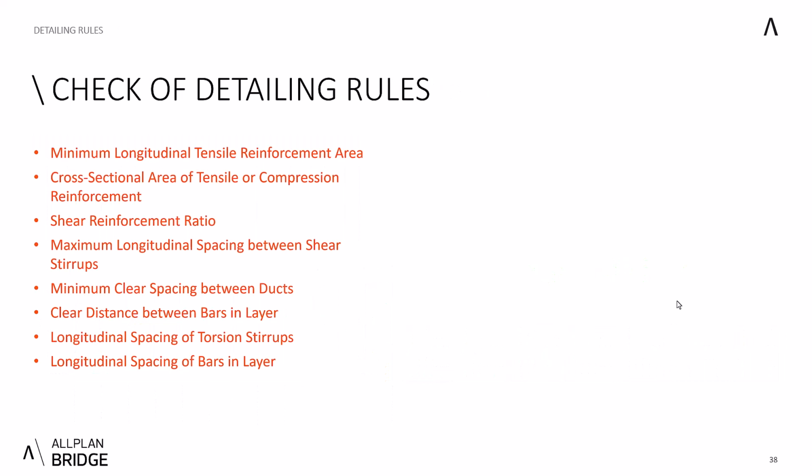Having all ultimate and serviceability checks successful, we can run the last check of the detailing rules. Here I listed all checks of the detailing rules done with the design module of Allplan Bridge. The reinforcement, as defined during all the design steps above, satisfies all the checks except for the last one.